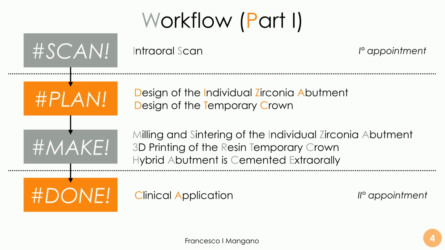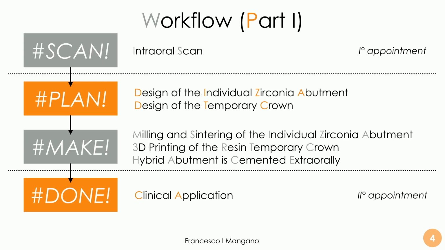Then the individual zirconia abutment must be fabricated, milled, and sintered, and then cemented extraorally on the selected titanium base to give the individual hybrid abutment. We also need to 3D print our resin temporary crown. We can also mill it, it's not important. And then there's the clinical application.